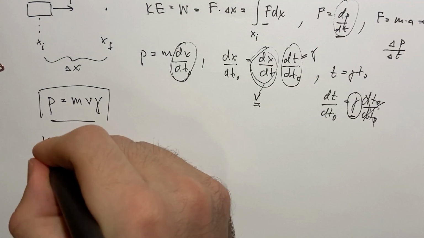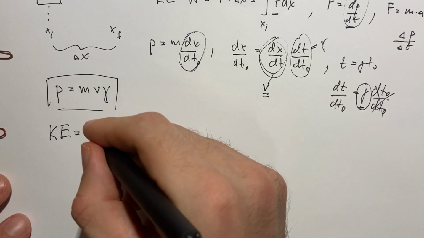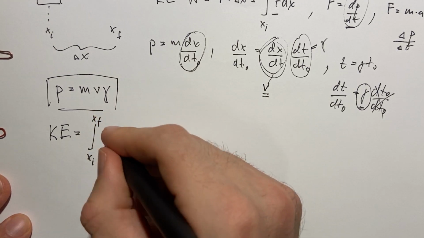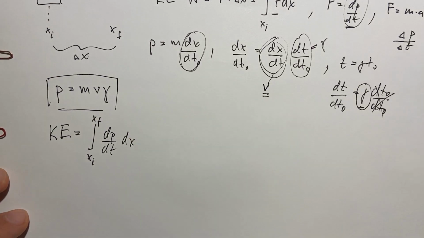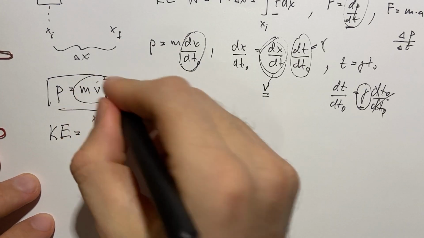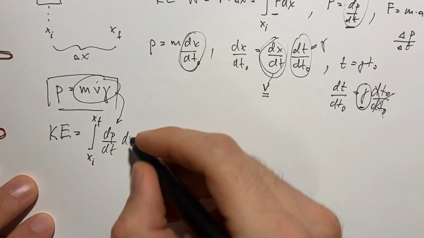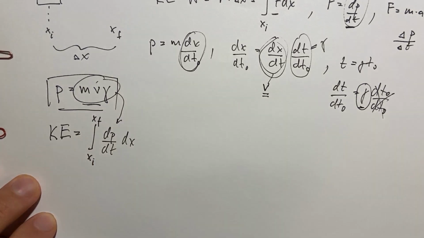So let's get back to our integral. We have the kinetic energy here, and we have the limits x initial, x final, dp over dt dx. So now we have an expression for the relativistic momentum, but now we need the time derivative of this expression.